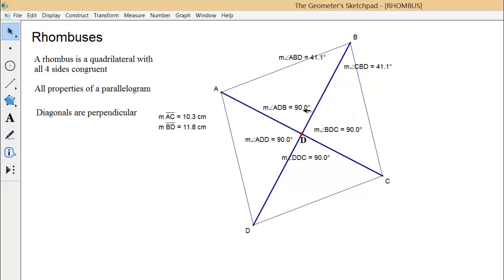I'm going to get rid of these. Let's measure these two, and so you can see that all of the vertex angles will be bisected.